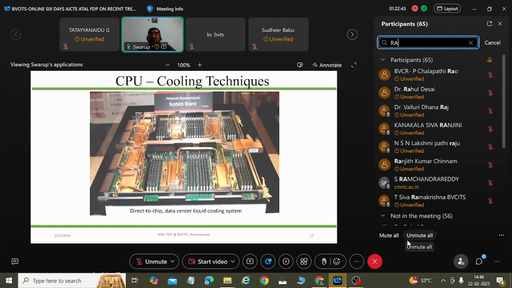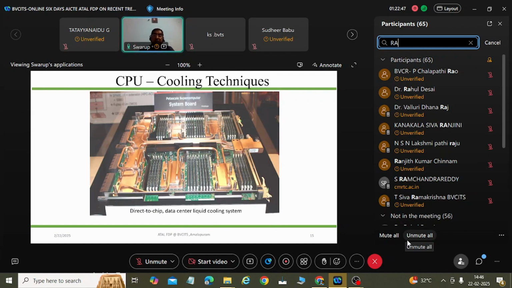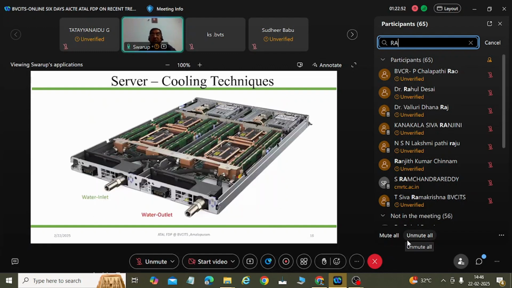Now this is the server level cooling. We have seen the CPU, and the same thing is extended to the server. In server level cooling, I extend the cooling techniques to the memory DIMMs. I can remove the heat through contact, using a heat plate that circulates a coolant or water, removing whatever heat is generated.